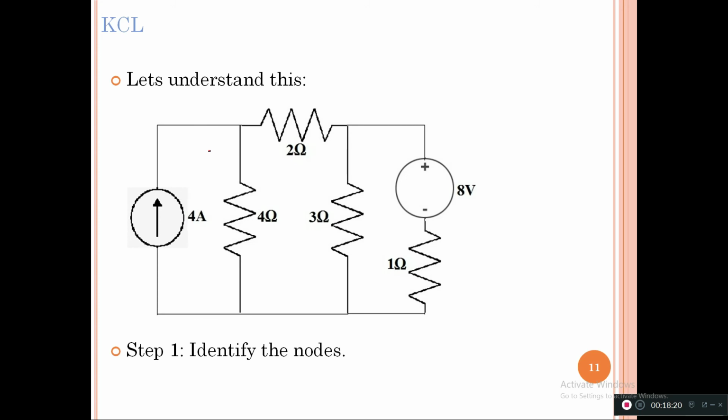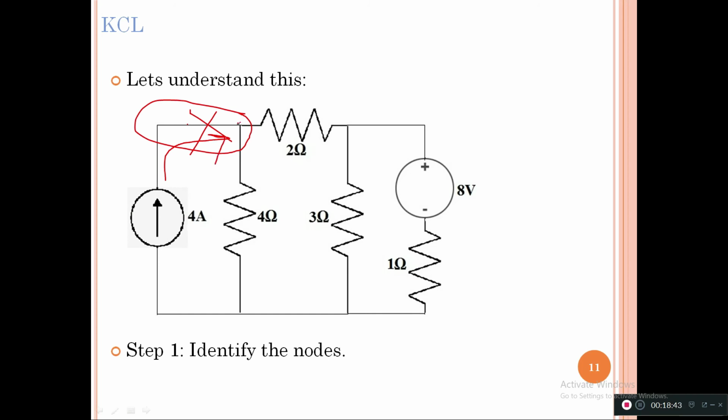I define a node as nothing but the meeting point of components. Now here you can see this node is common, because there is no component present in this particular branch. The branch is absent, there is no component present. This is the same 4 ampere current which is flowing across here.